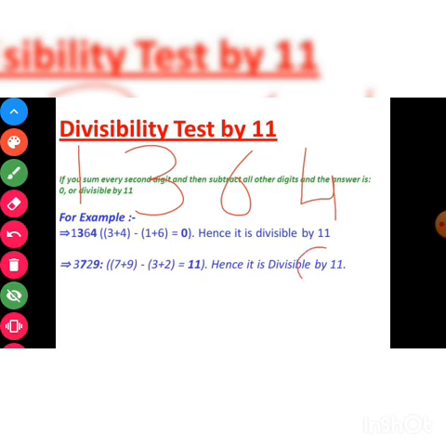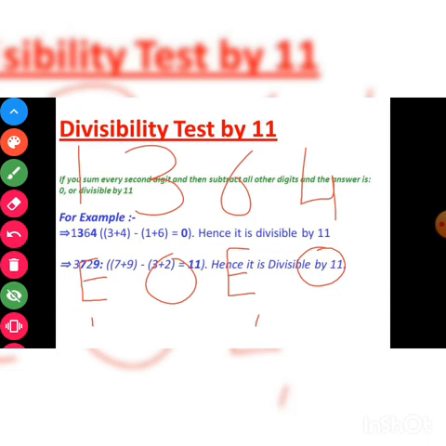So let us order the places. Let us begin from the back side. The first digit we take as odd, the second is even, the third is again odd, and the fourth is even.